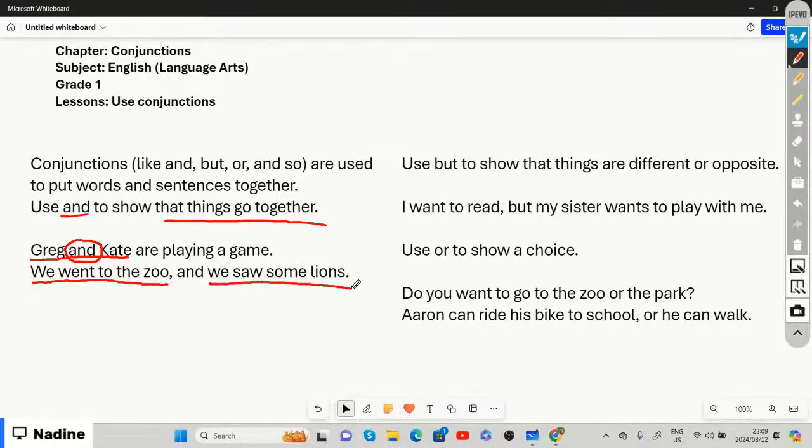We saw some lions, right? But this word and, the conjunction and, is used to bring these two sentences together. So we went to the zoo and we saw some lions.